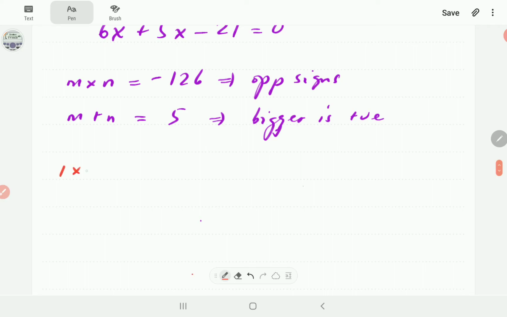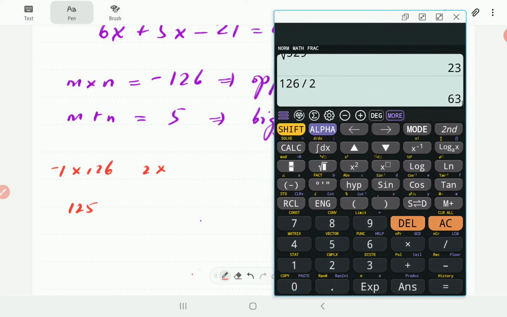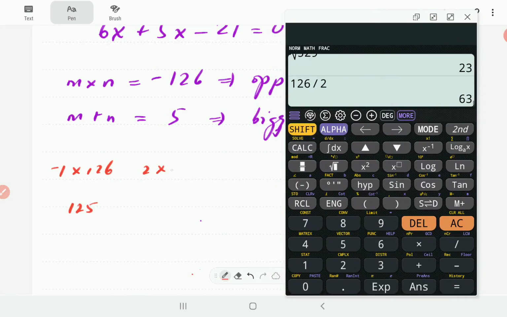So we're going to start with 1 and 126. We're going to put the negative here, so when we add these two, we get 125. Then 2 goes with, if we do 126 divided by 2, we get 63. So 2 goes with 63.